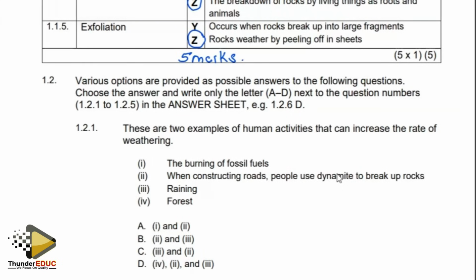So here we have two options, A, Roman numeral 1 or Roman numeral 2. The two examples of human activities are 1, the burning of fossil fuels, and also when constructing roads, people use dynamite to break up rocks. So our answer is A.